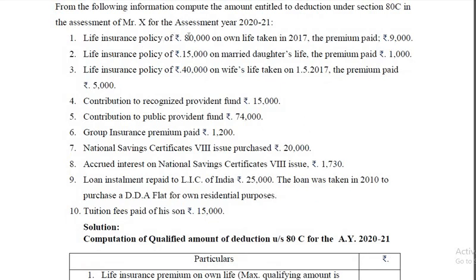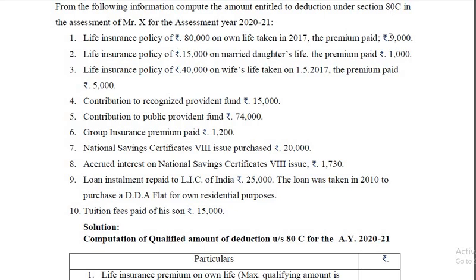See, the policy amount is 80,000 and the policy is taken on own life, that is qualified, and the policy is taken in 2017. Any policy taken after 1/4/2012, 10% premium is qualified for deduction. So 10% of 80,000 is 8,000.